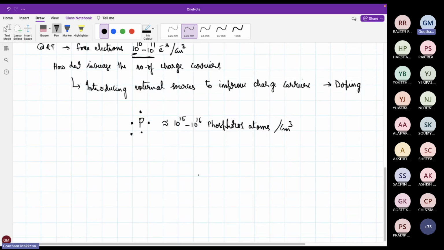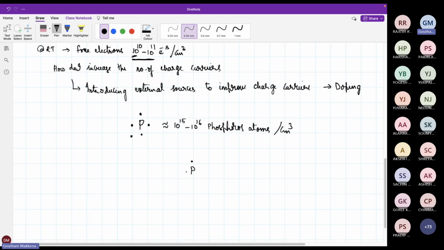So what happens is this phosphorus atom, with 4 of its valence electrons, forms bonds with the silicon atoms that are already present in the lattice. But what about the fifth electron? The fifth electron is free to move, so it moves on into the lattice and it is available for conduction.